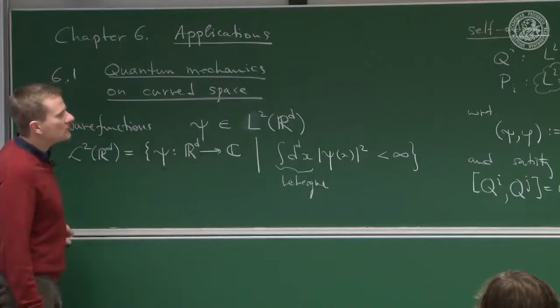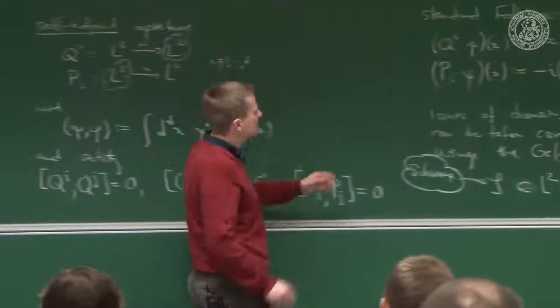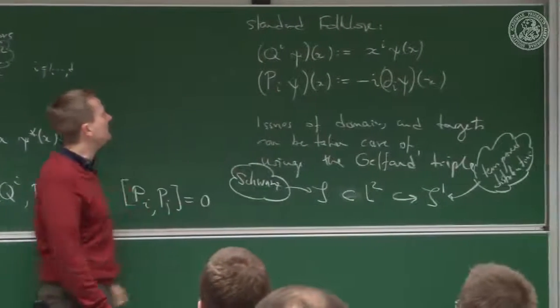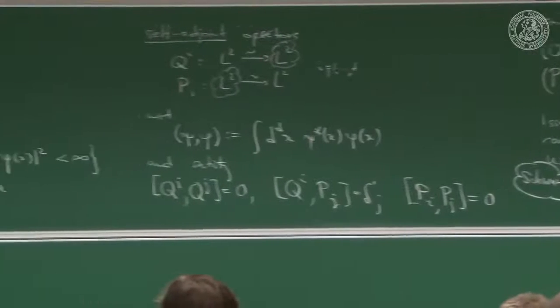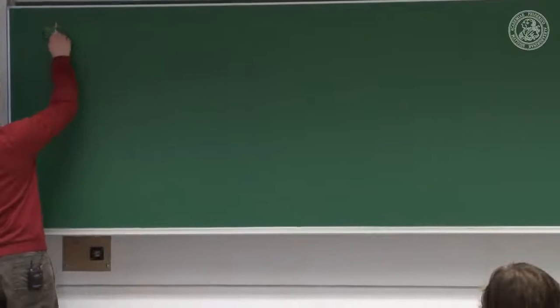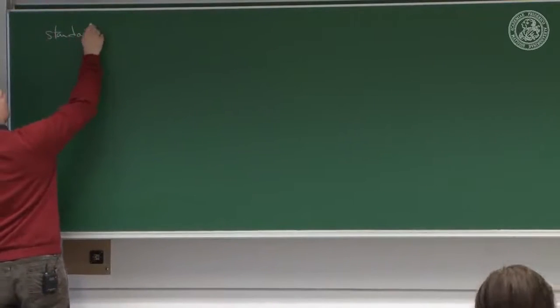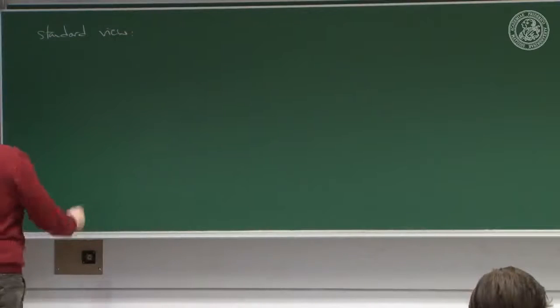Okay, so now let's discover what the problem is. First, however, we quickly check that, for instance, this represents P and Q, that they have the right properties. So the standard view works like this.